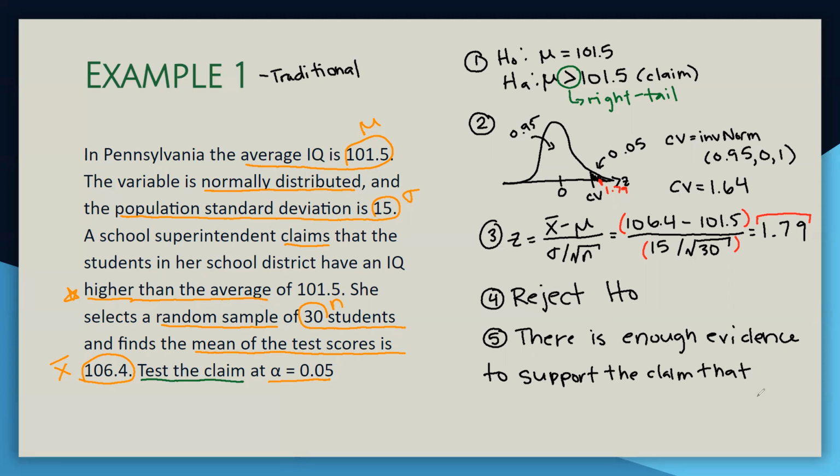So we would say there is enough evidence to support the claim that the students' average IQ is greater than 101.5, which was the original stated value. So we are supporting the claim that the average is greater than 101.5.